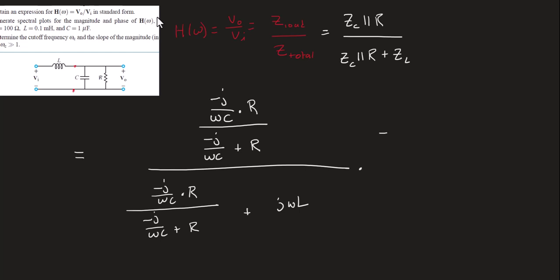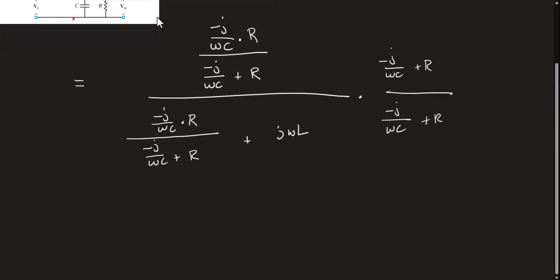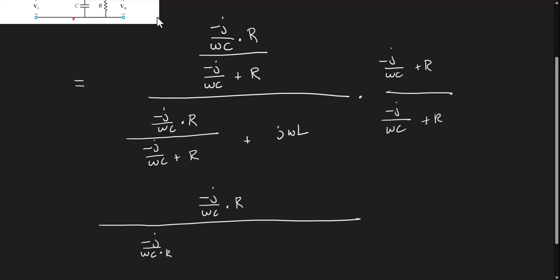We do that by multiplying by minus j over omega C plus R, over minus j over omega C plus R. In the numerator, that cancels out, so we get minus j over omega C times R. In the denominator, it cancels with the first one, so minus j over omega C times R, and then we have plus j omega L times minus j over omega C plus R.